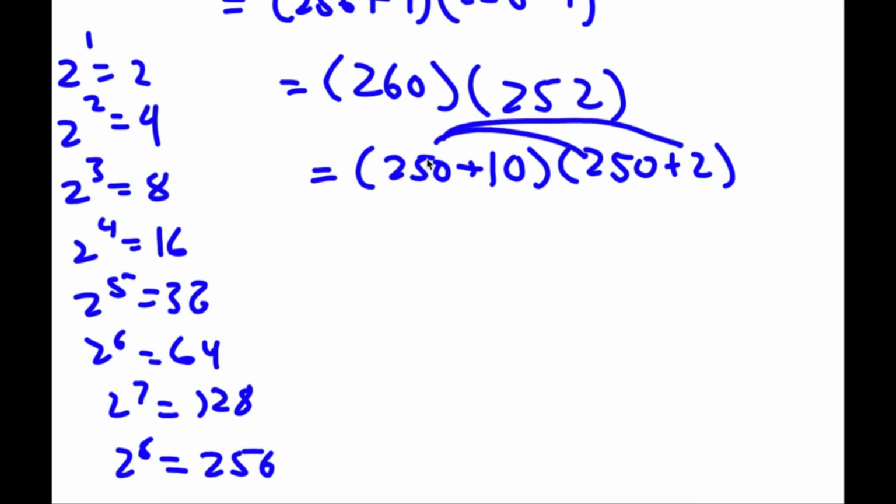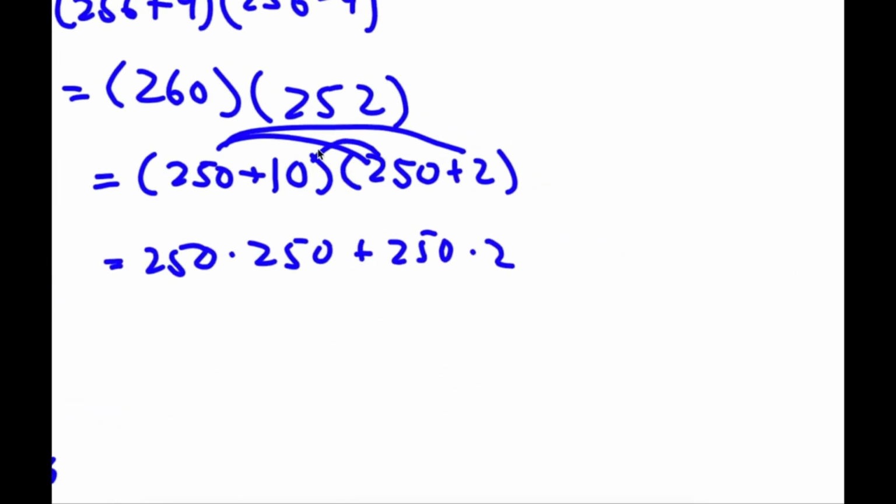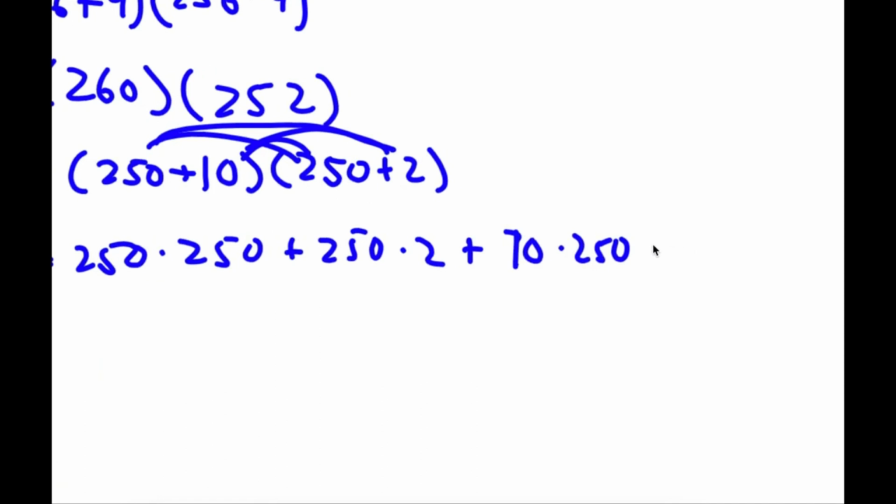So I'm going to first start by distributing the 250. So now this is equal to 250 times 250 plus 250 times 2. Now I can distribute the 10. So I have plus 10 times 250 plus 10 times 2.